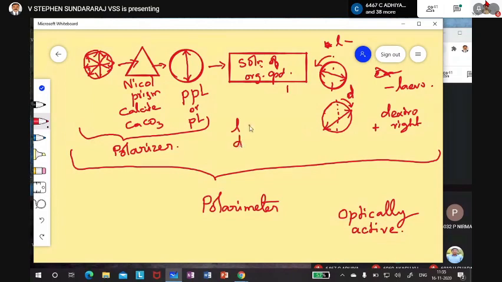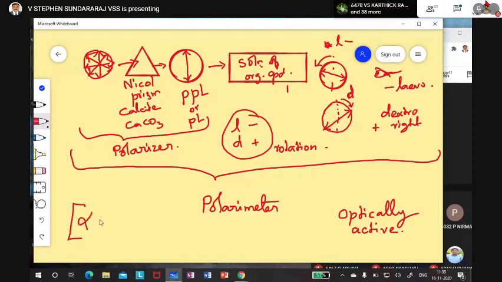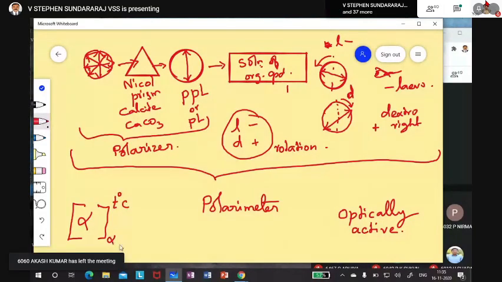This is talking about the rotation. Remember that. How much it rotated, the angle of rotation, will come. Generally it is expressed, you can note down, but in CBSE they will not ask, in specific rotation. For specific rotation, the temperature is T degrees Celsius, and the wavelength of the light will be mentioned, equal to the rotation observed.